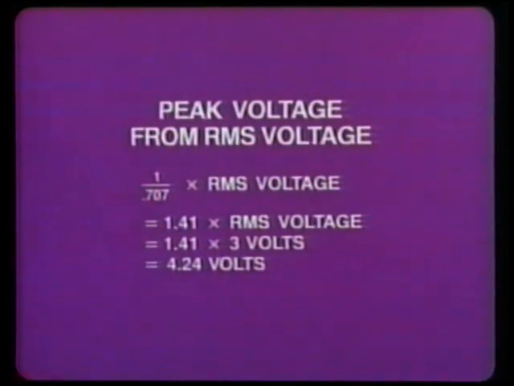By reading an AC voltmeter, it is possible to calculate the peak voltage from an RMS voltage. To do this, multiply 1 over 0.707 times the RMS voltage, or 1.41 times the RMS voltage. In this example, 1.41 times 3 volts equals 4.24 volts.